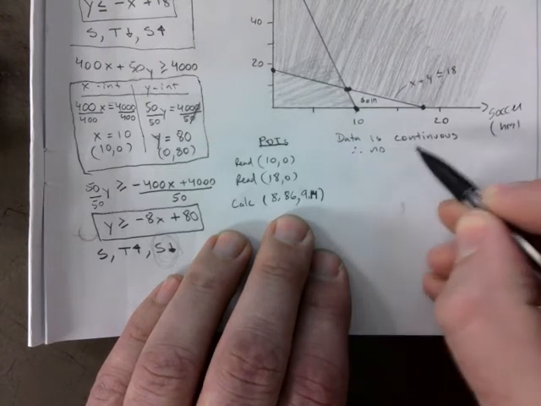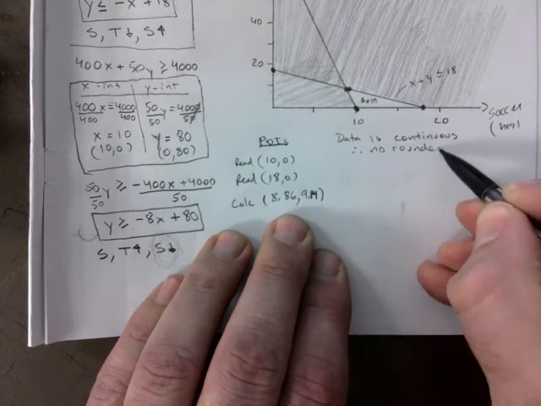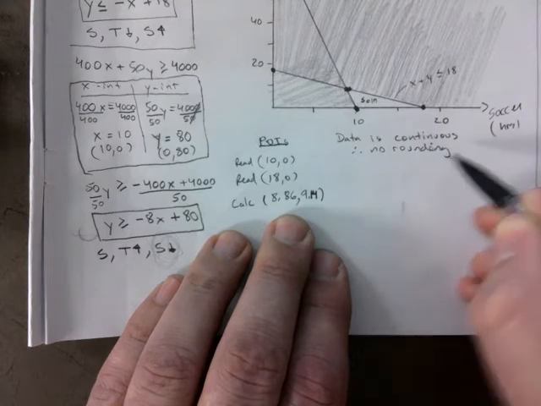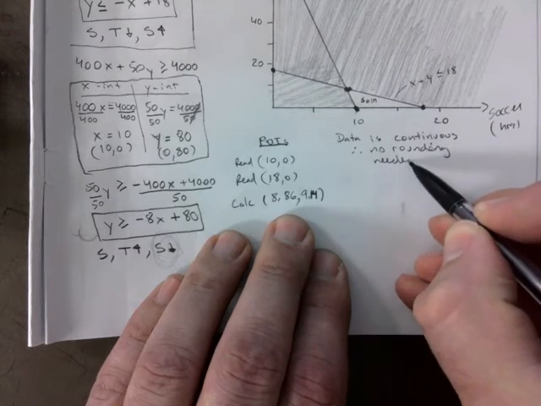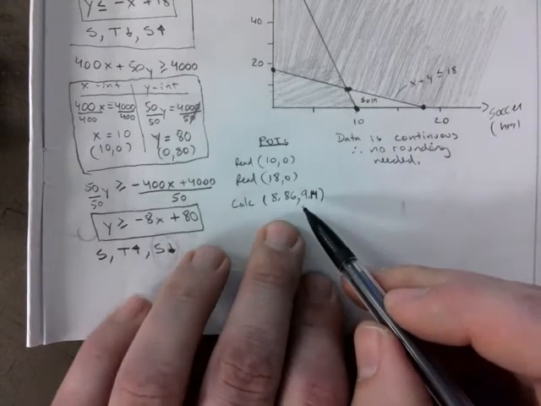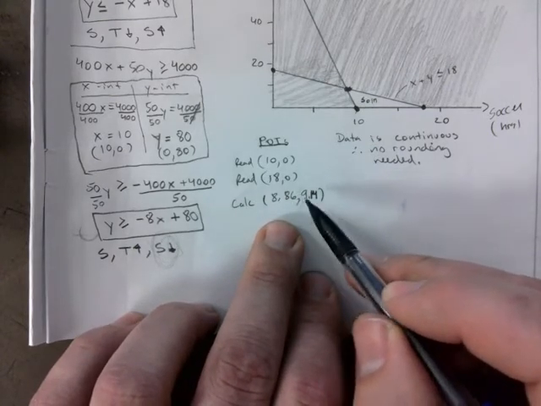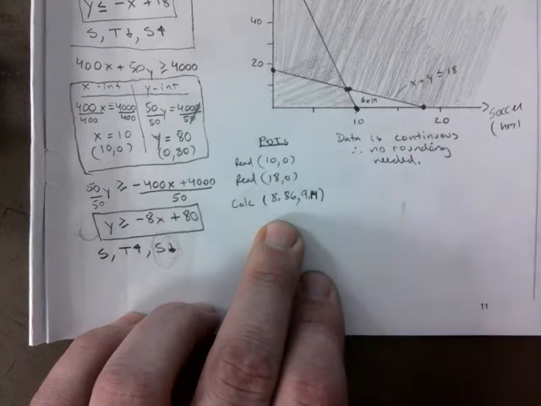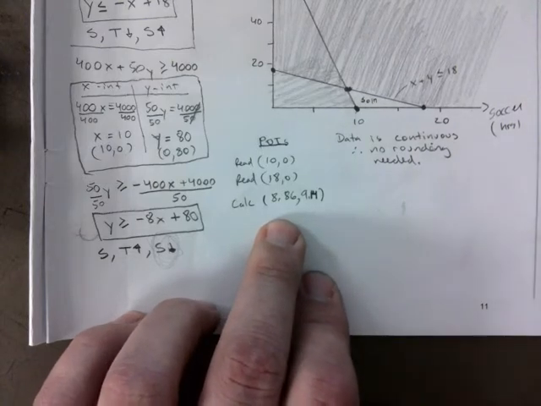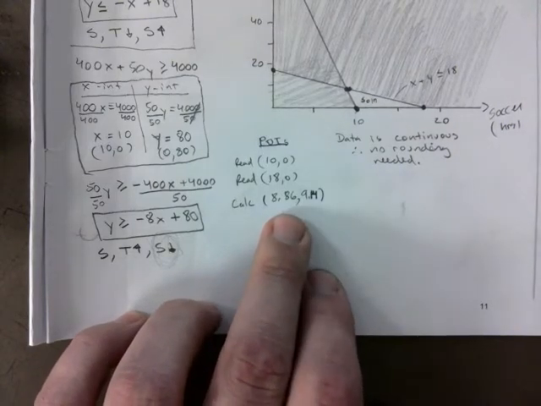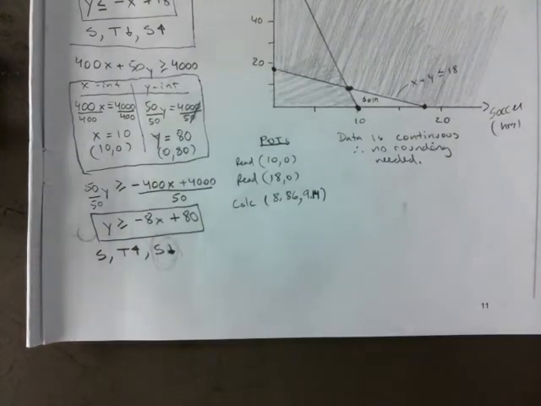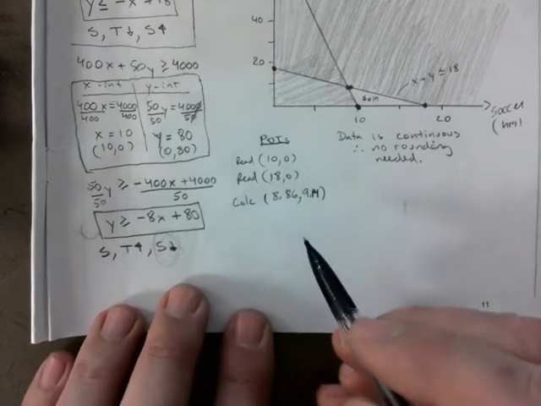Therefore, no rounding necessary. Okay, so if it had been discrete, we would have to deal with this decimal here. We'd have to round it to a whole number. And quite often it is the case. More often than not, you're going to have to round.